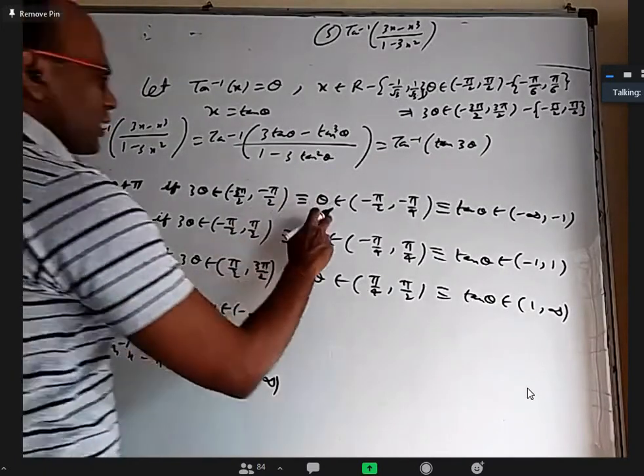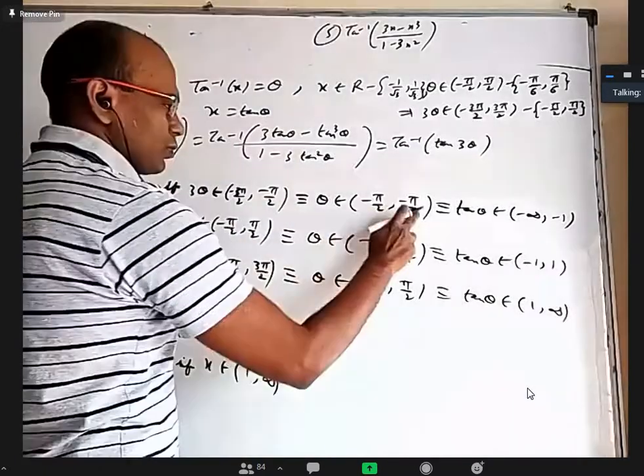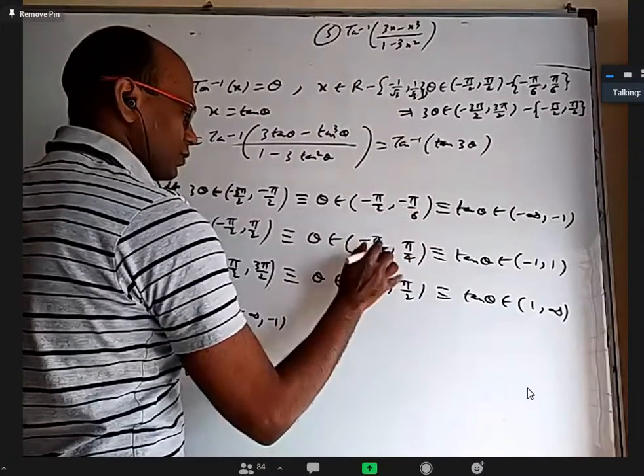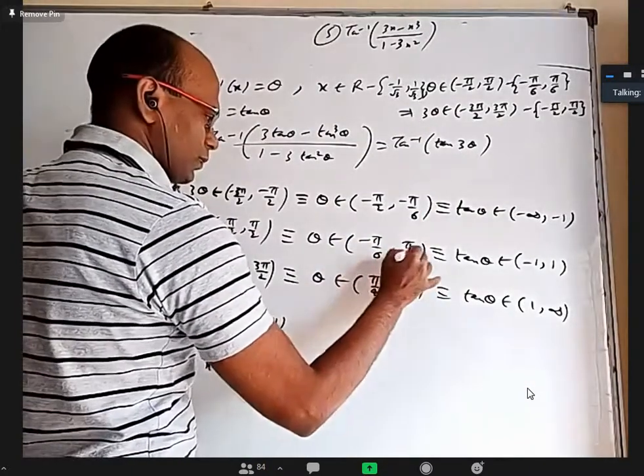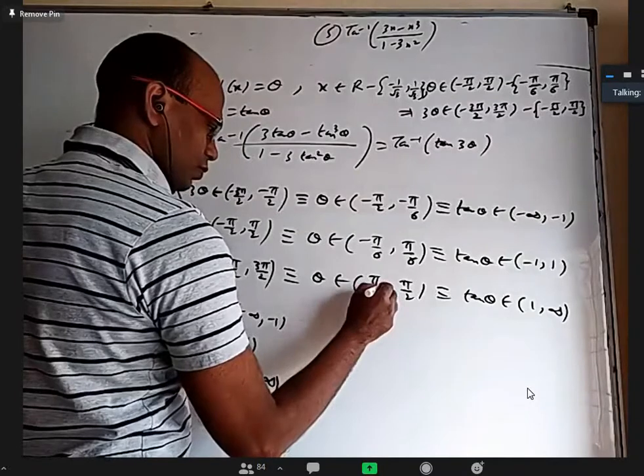Okay, the corresponding theta is between minus pi by 2 to minus pi by 6. This is minus pi by 6 to plus pi by 6. This is pi by 6 to pi by 2.